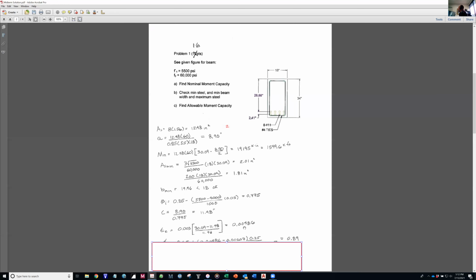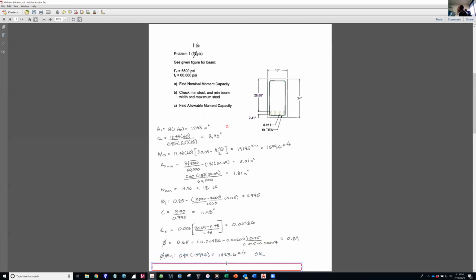But what that does is it does drop this below 0.005. So if you use d here instead of d sub t, you get this epsilon sub t. If you get this epsilon sub t less than 0.005, then you have to calculate phi. Phi then becomes 0.89 because this is less than 0.005.